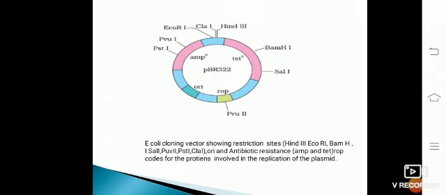And if the foreign gene is introduced into the BamHI or SalI sites, it loses tetracycline resistance, because BamHI and SalI are within the tetracycline resistance gene.